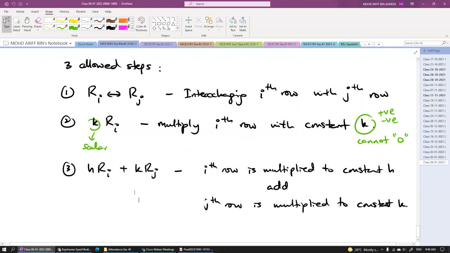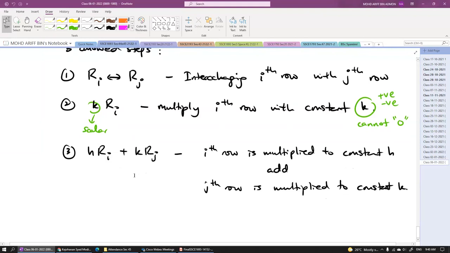And also, remember, you cannot add row I with just a single constant. For example, row 1 you add 2, cannot. You must add to another row.